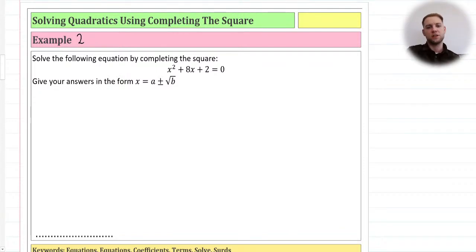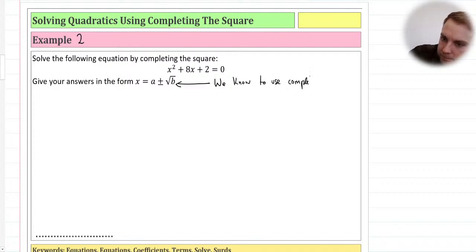Solve the following equation by completing the square. Now they might not tell you about completing the square. The trick is to see this here, and we know to use completing the square when we see this.